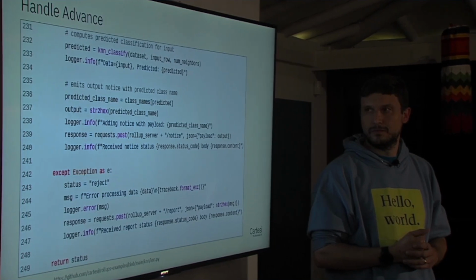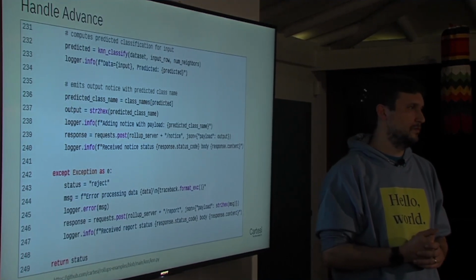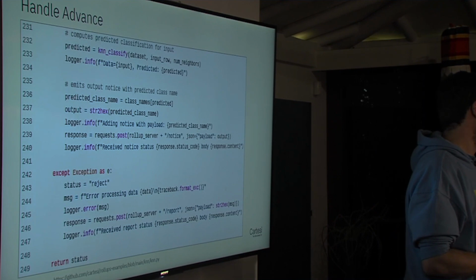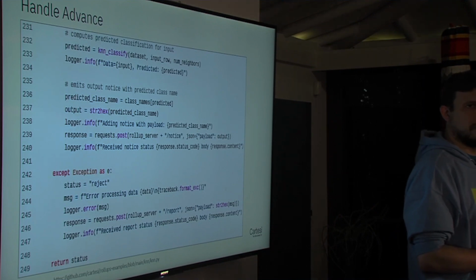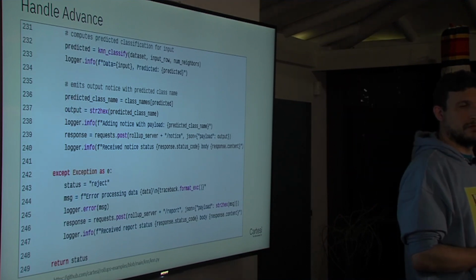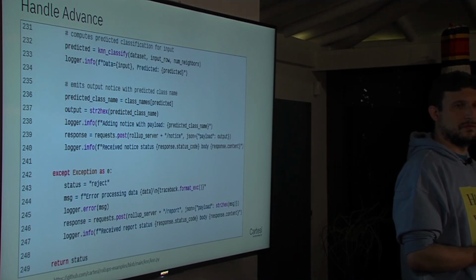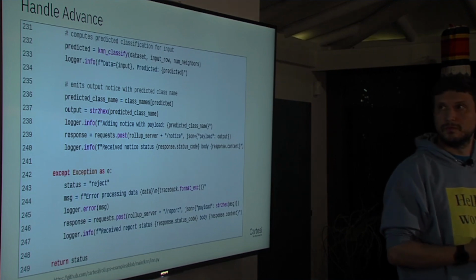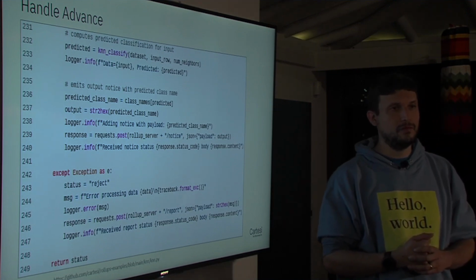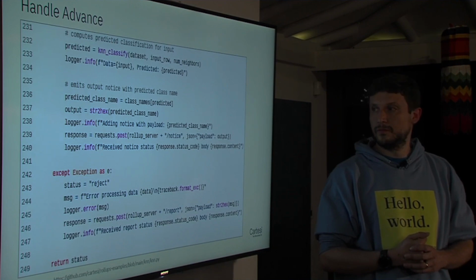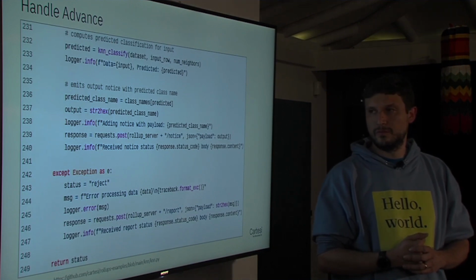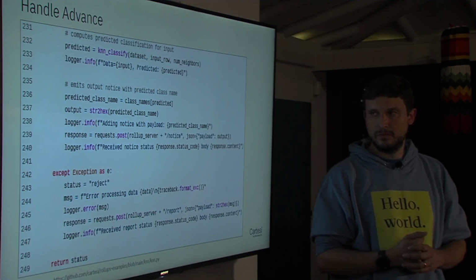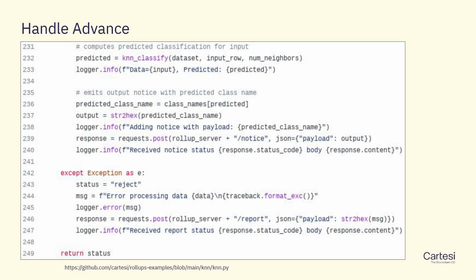And then when we get all those variables, I will predict using the KNN classify, passing all the dataset, the values I just sent for the DApp, and also configuring the number of neighbors. And with that, we have some prediction, and we'll add this into a payload, saying that, okay, I received this, I processed it, and I predicted.